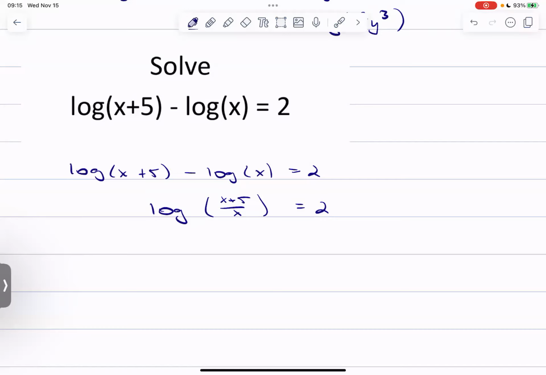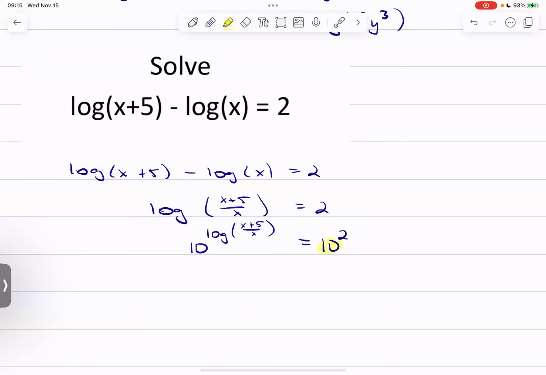What can I do? I can raise everything to the power of 10, both sides, right? This is log base 10, presumably. And so I can do 10 to the power of log base 10, which I don't write, of x plus 5 over x is equal to 10 to the power of 2.